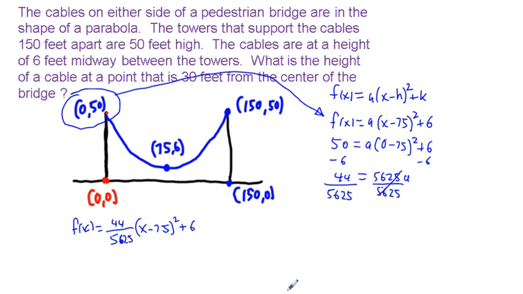Now we can test it in our calculator. If we have all these 3 points, the vertex down here below, and these other 2 points at the top of each tower, we'll know that we are correct.